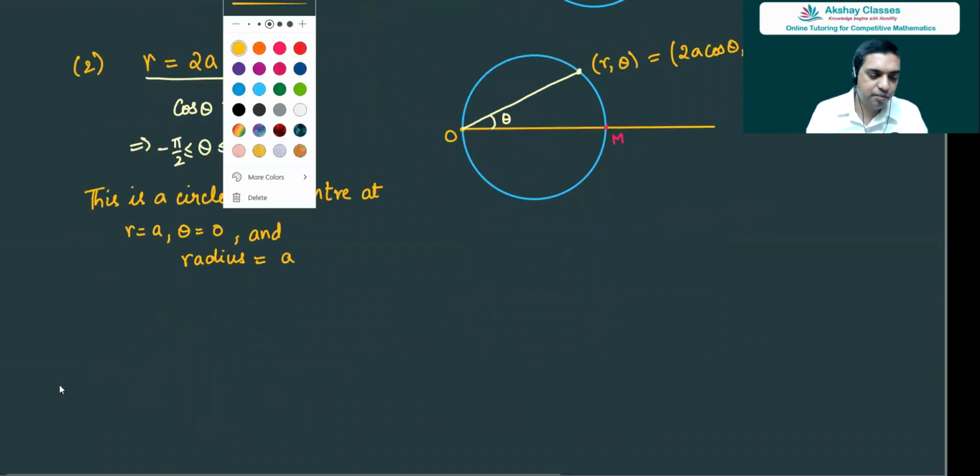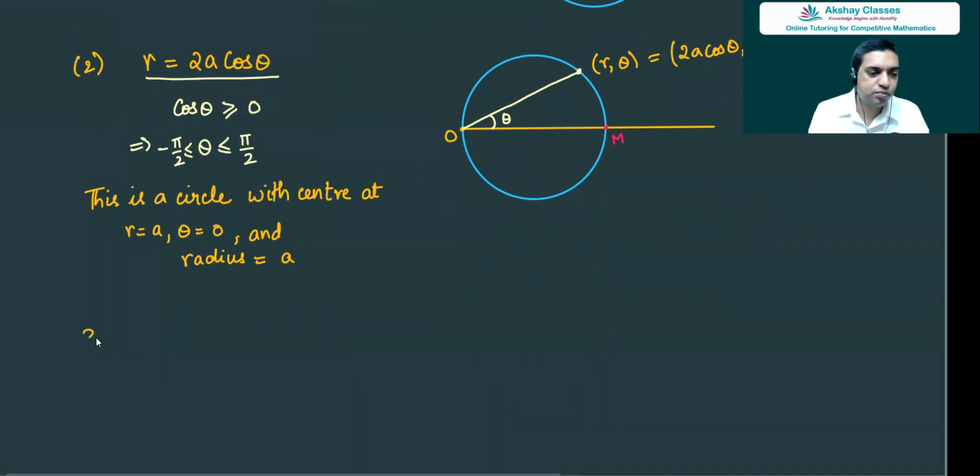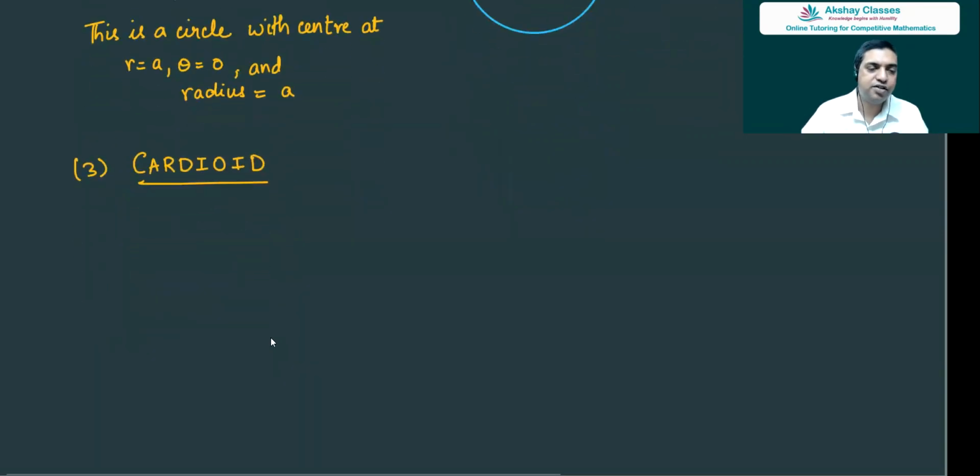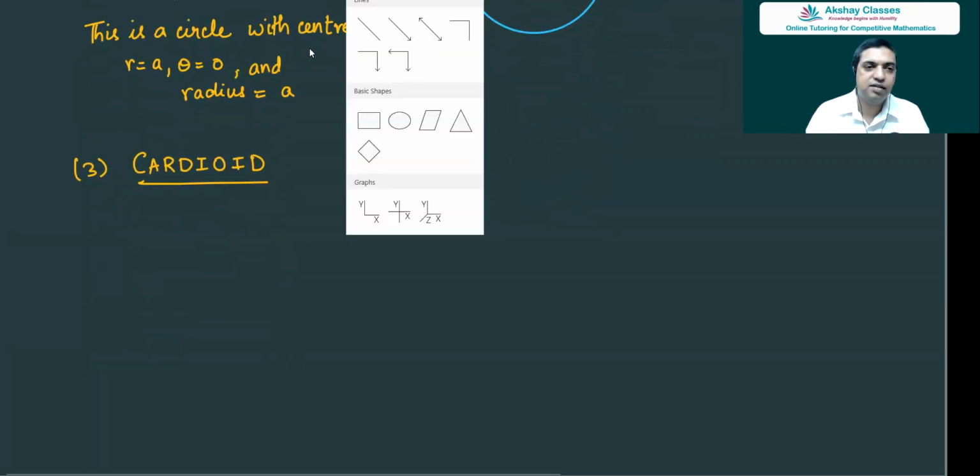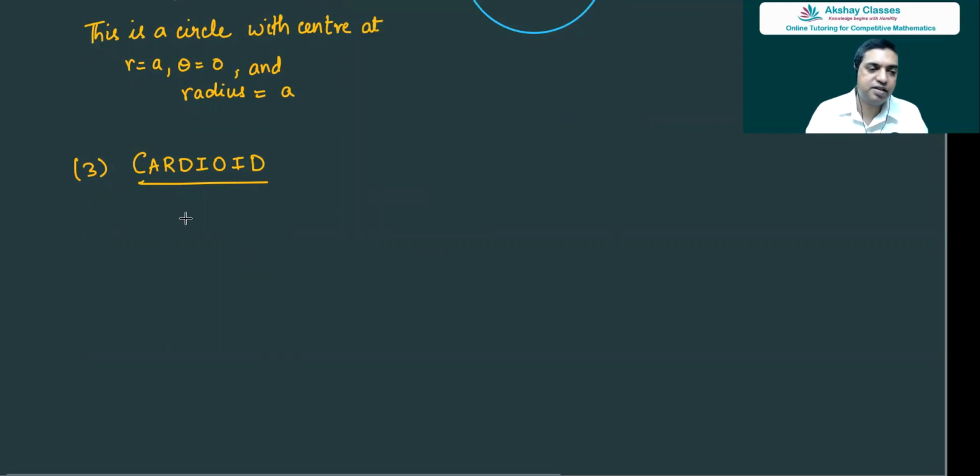Next, another important equation, a very important form, is the cardioid. Cardioid, as the name suggests, the curve will be in the shape of a heart. I'll trace the curve.